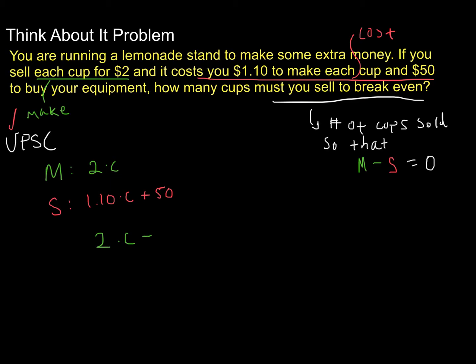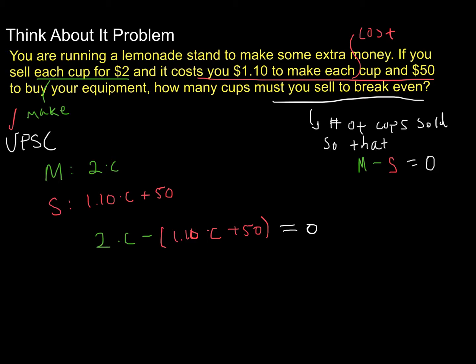Now, be careful, we're subtracting all of this. So it's in parentheses 1.10 times C plus 50. And that needs to equal 0.